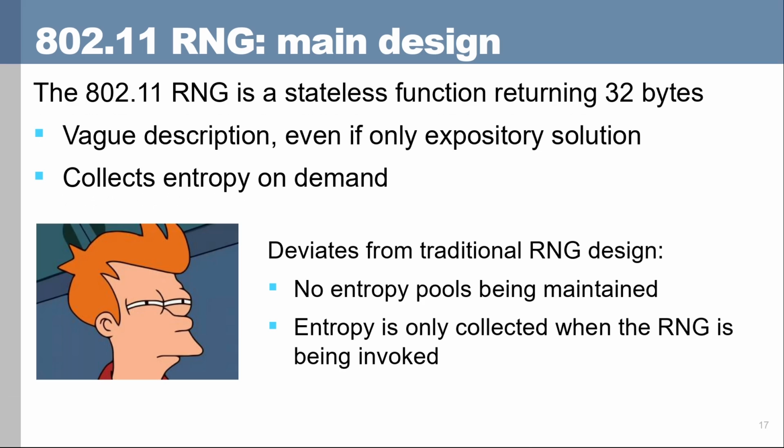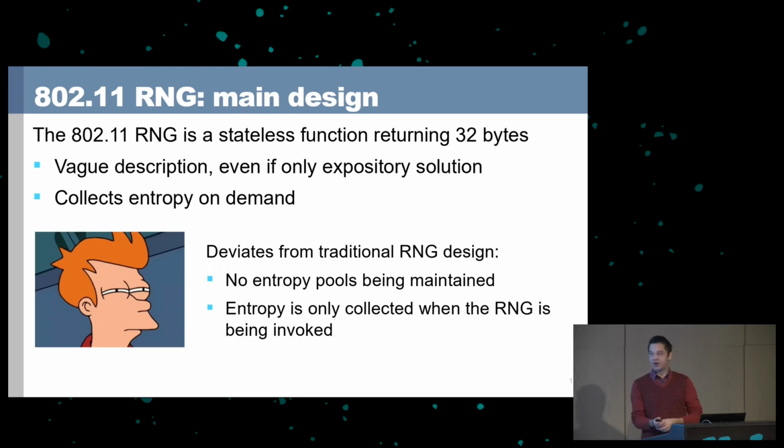For example, you have the timing of interrupts, timing of packets, clock skew, and so on. Normally, all this randomness is collected in a so-called entropy pool. Then if you need randomness, you can extract a random number from this entropy pool, for example using a hash or any other construct. But the fact that this function is executed on demand is a very bad sign. So all that is not that promising.